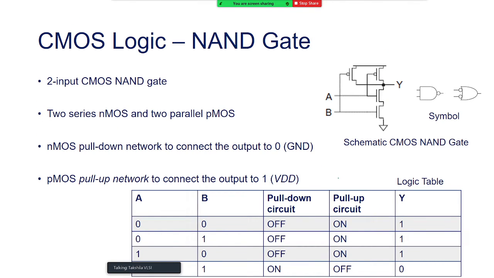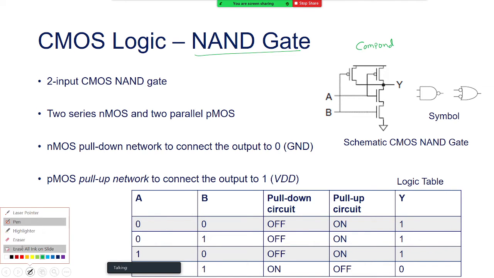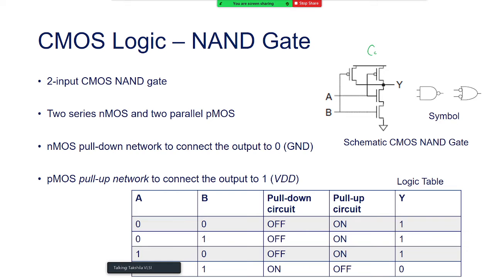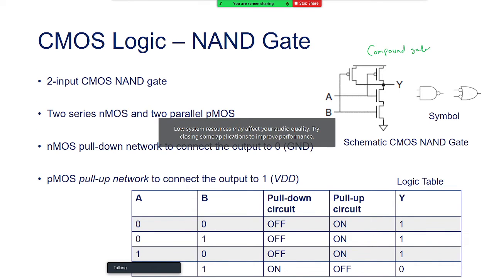So once we understood the CMOS NOT, we went on to construct the NAND logic. We used the concept of compound gate, or compound logic.